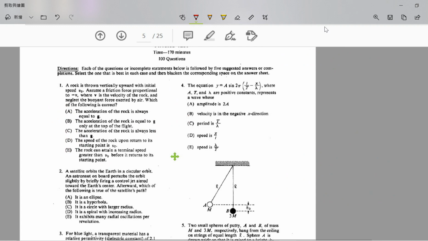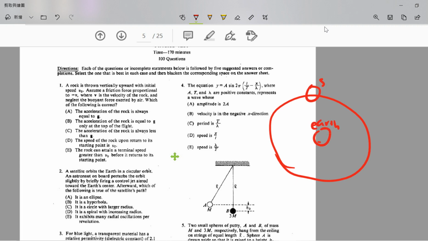Number 2 is about a satellite in orbit, so maybe we draw our picture. This is Earth, and this is the satellite. Astronauts on board perturb the orbit slightly by briefly firing a control jet, and it asks which of the following is true about the satellite's path.